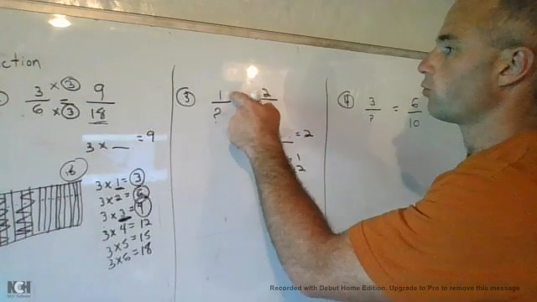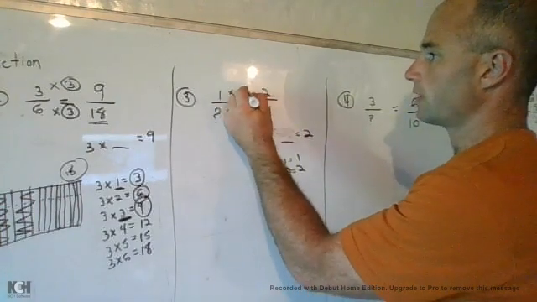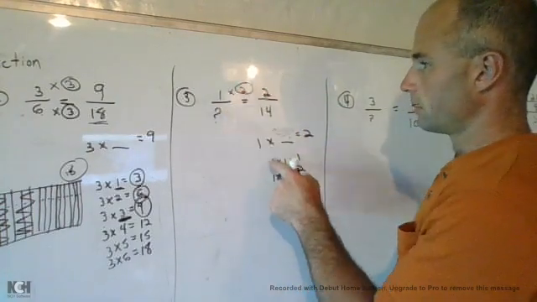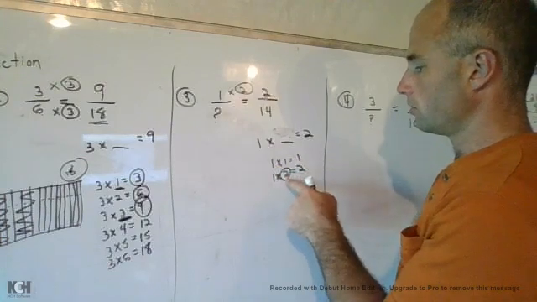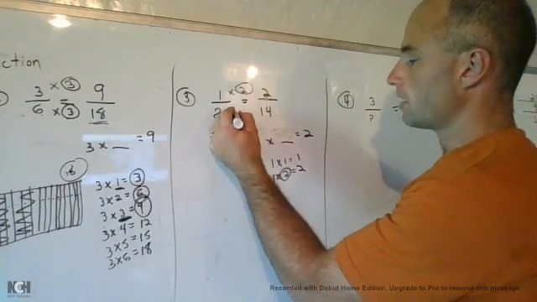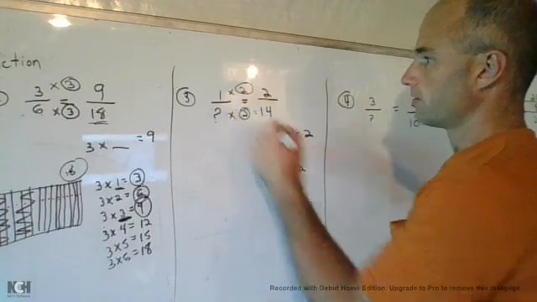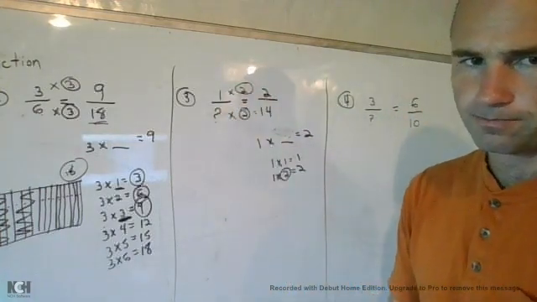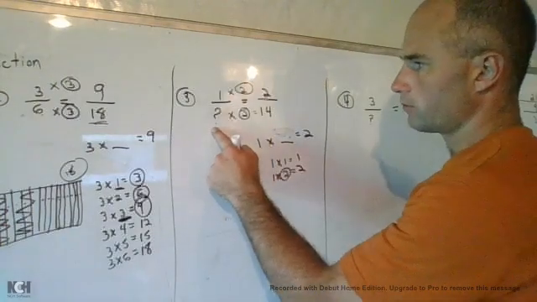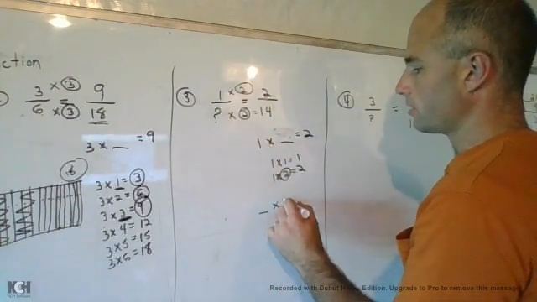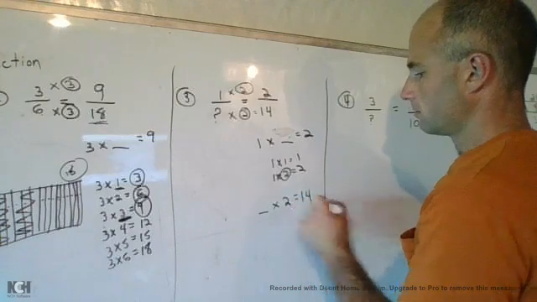So how I got from 1 to 2 is by multiplying by 2, right? Then 1 times 1 equals 1, 1 times 2 equals 2. So I'm going to multiply whatever this number is by 2 to get to 14. But wait a second. I don't know what number times 2 gives me 14.